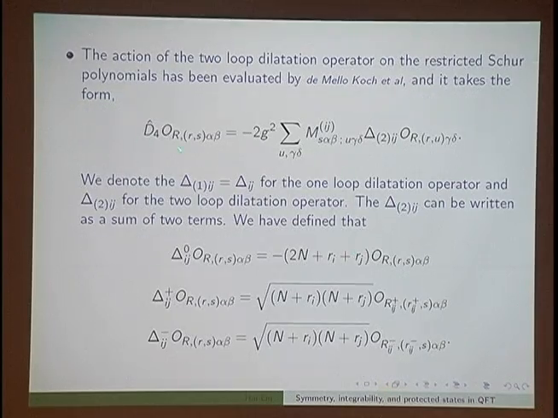So it turns out at the 2-loop order, the mixing matrix, which is proportional to g squared, can also be factorized under the limit where the row lengths of the Young diagram are rather long and well separated. So again, this delta is a mixing matrix on the space of the Young diagrams of the Z field.